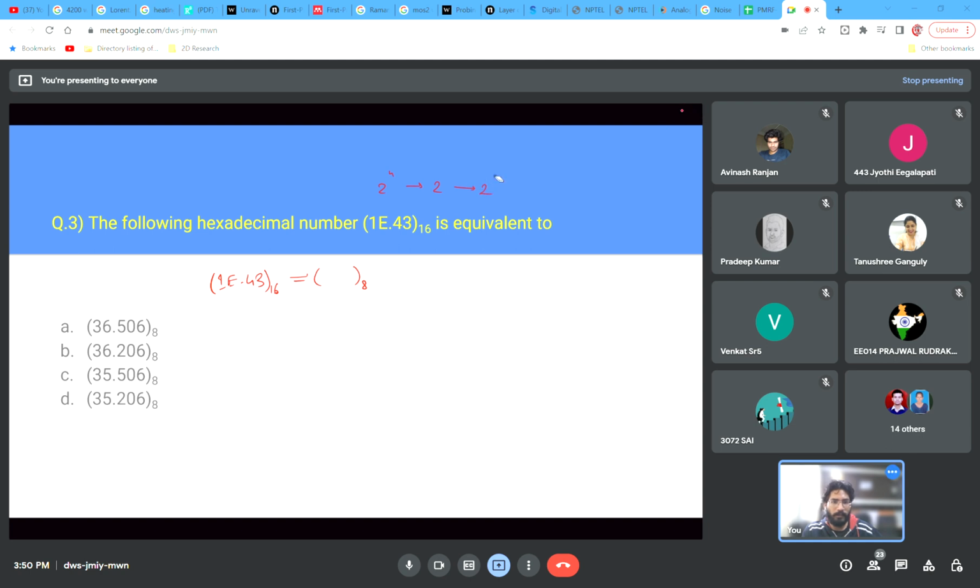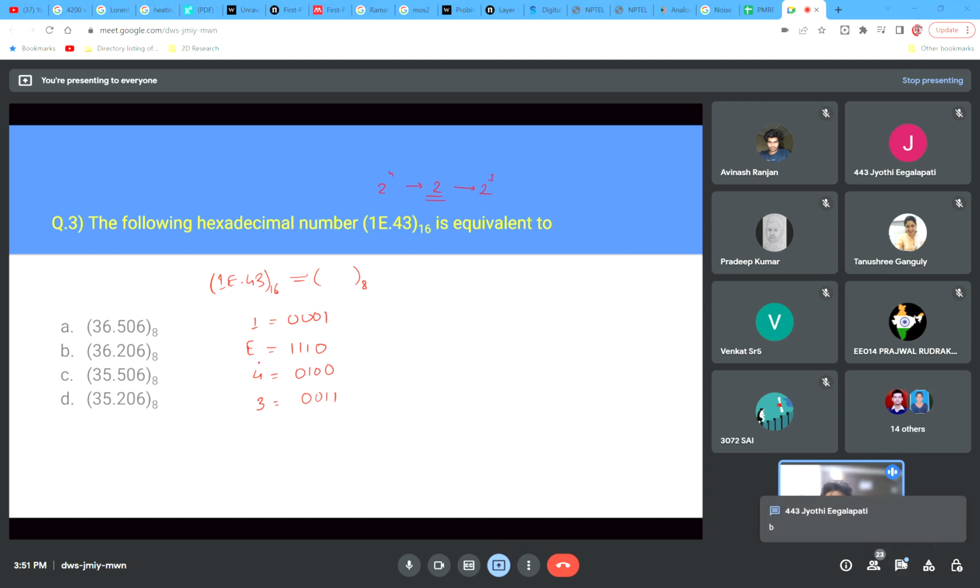Base 8 is 2 to the power 3. So if you convert 1 to binary, you will require 4 digits, so this will be 0001. E is given by 1110. 4 will be given by 0100, and 3 will be given by 0011, and there was a decimal in between.